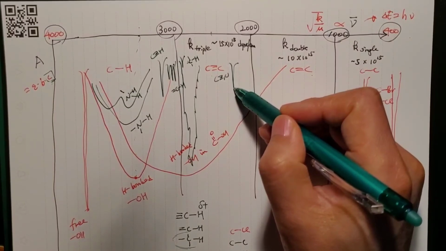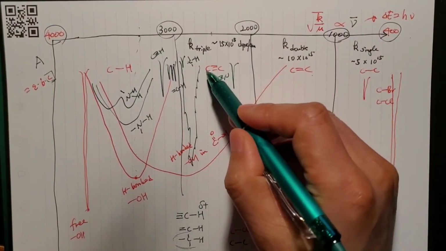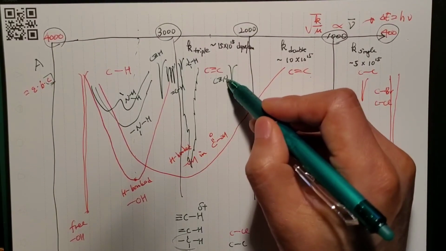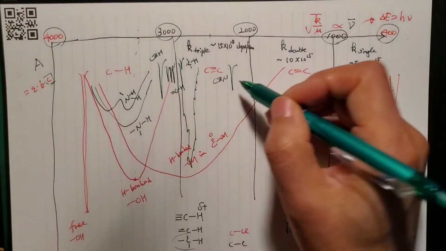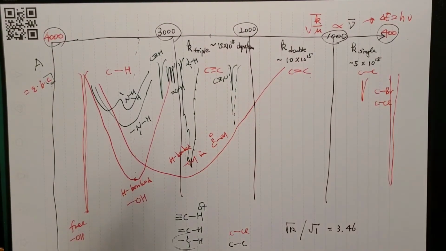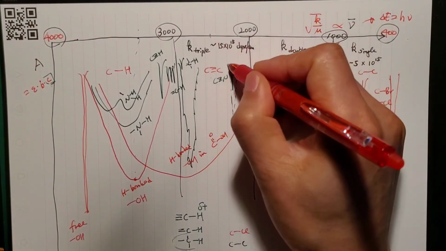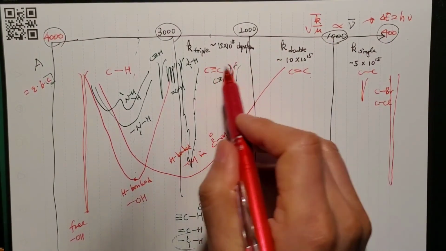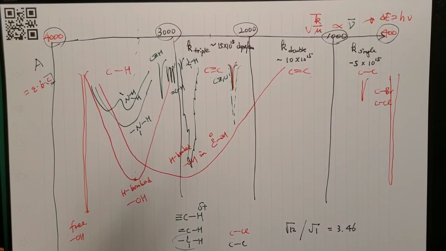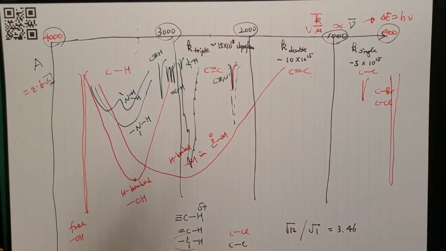It's not as intense as you would think. The carbon-carbon triple bond is usually smaller than the carbon-nitrogen because of the polarity. So carbon-nitrogen can be taller. Let me change the color. That's for the carbon-carbon triple bond. That's for the carbon-nitrogen triple bond. But it never is as big as OH.